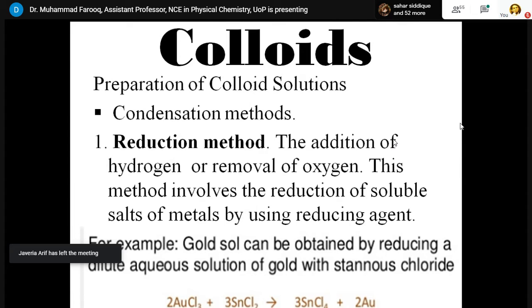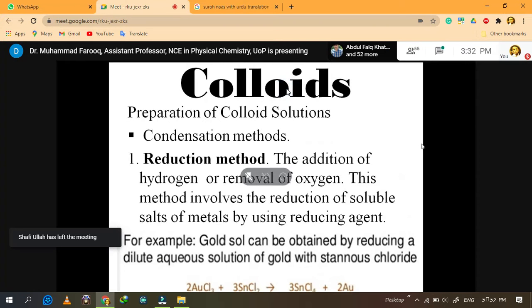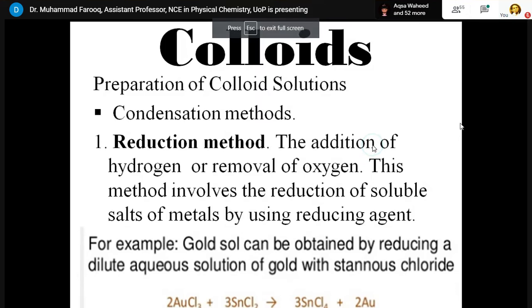So you can see reduction in the condensation. You will not get a single gold atom, but a large number of gold atoms, and they will combine together to make a sol. A sol is a liquid suspension of particles in the range of 1 nanometer to 1 micron. So this is the range for the sol. Okay, is this clear?